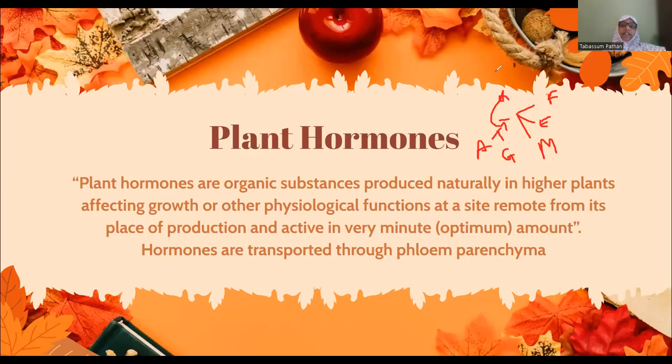Then we discussed the growth rate concept with respect to AGR and RGR, that is absolute growth rate and relative growth rate. Okay, that also we discussed. Then we saw the growth curve and the different parts of the growth curve: what is the lag phase, log phase, and the stationary phase.